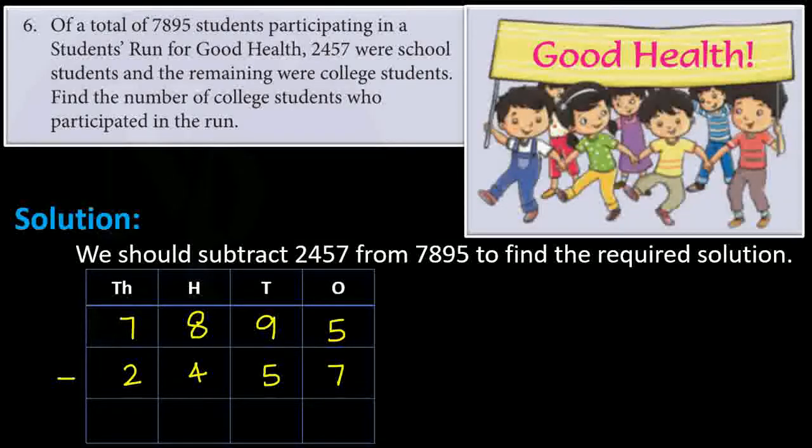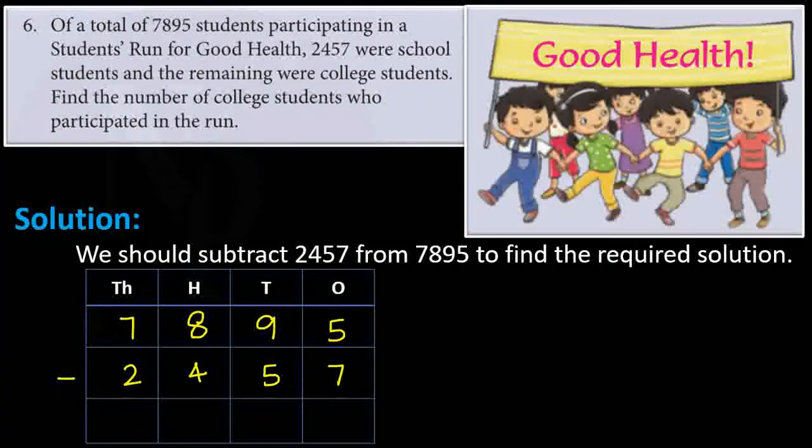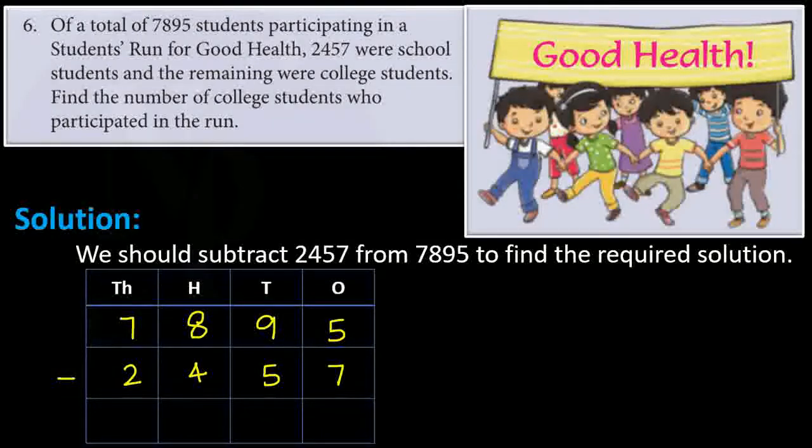So we need to subtract 7 from 5 here. Subtracting 7 from 5 is not possible. We need to regroup the digits.